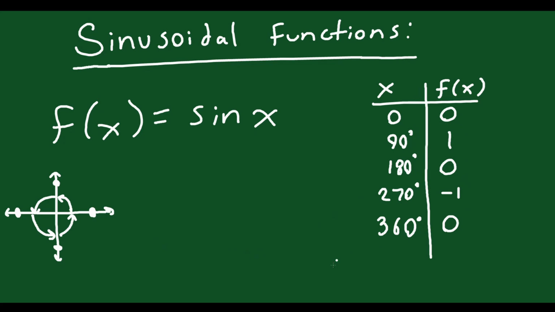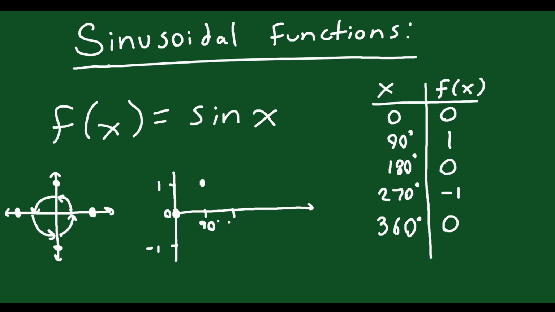And so with this data, we can go ahead and plot what this function looks like. We have a maximum value of 1, a minimum value of -1, right? At 0, you're at 0. At 90, you're at 1.